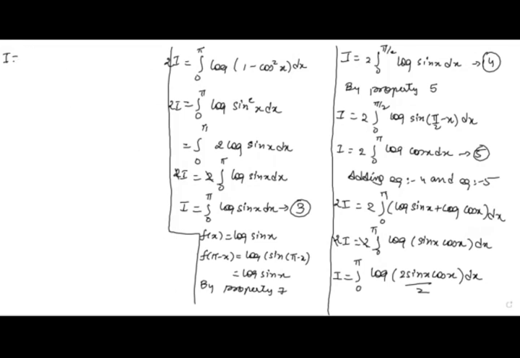I can write this as log(sin 2x by 2) dx, and again applying the property of log, I can write this as the integral of log sin 2x dx, and giving individual integration to both of them, minus log 2.